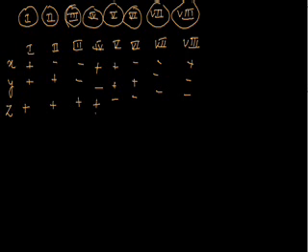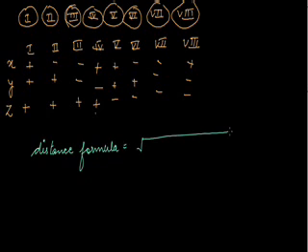Okay. Now if we want to state the distance formula, the distance formula in coordinate geometry that we had studied earlier is the square root of x2 minus x1 whole square plus y2 minus y1 whole square.